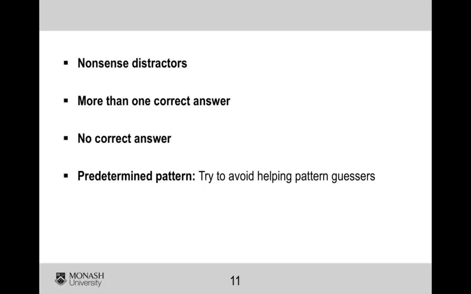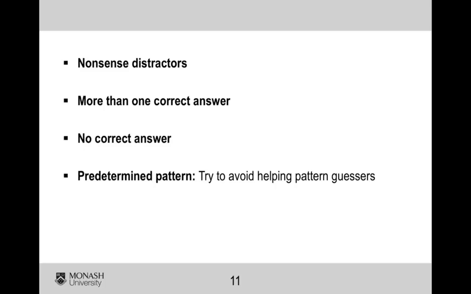Other things to consider are nonsense distractors. Sometimes I do put some in, and as teachers we like to put some of those in, but if you don't have many distractors in general, it's really going to affect the validity of the test.